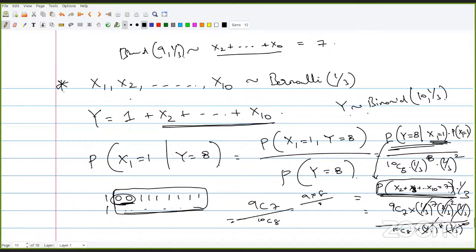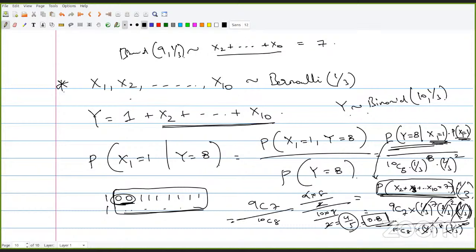There's a 1 by 3 missing, I think. On the numerator you have 1 by 3 to the power 7, on the denominator you have 1 by 3 to the power 8, so we get 1 by 3 also, and again 1 by 3 for the probability that X1 is equal to 1. Yeah, that's what I meant. So I am getting 4 by 5, which is 0.8.